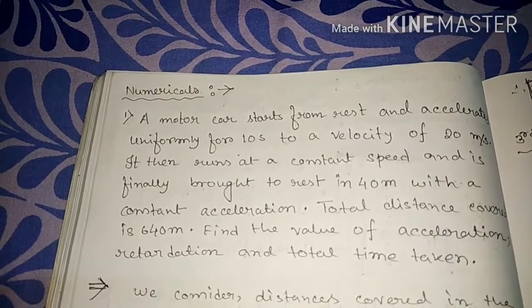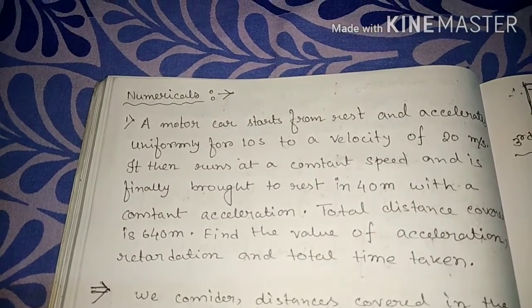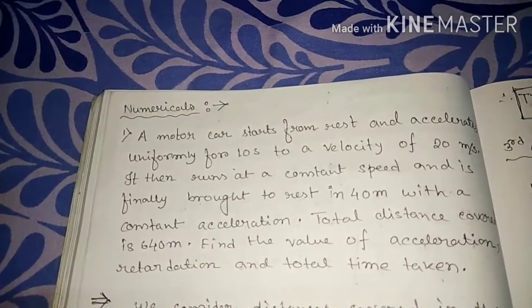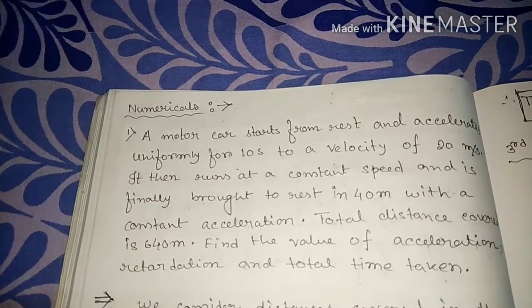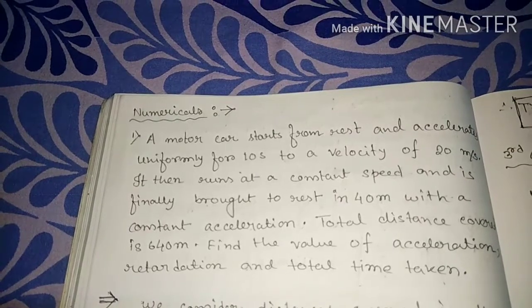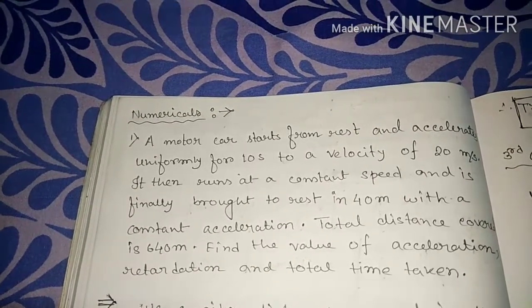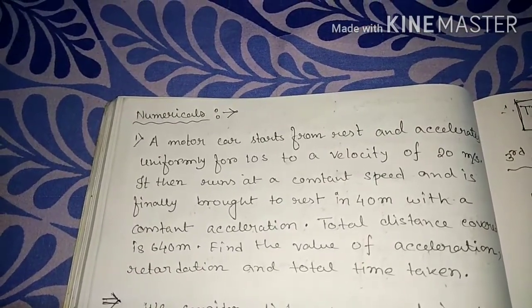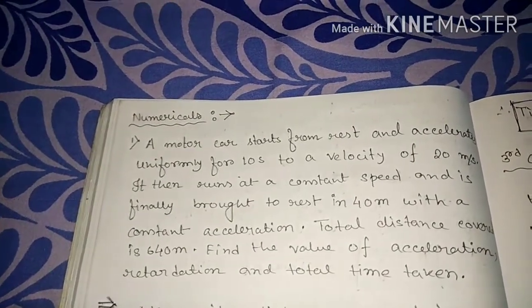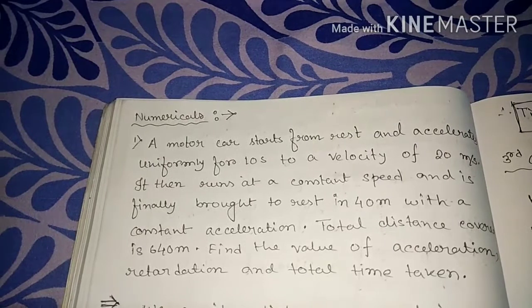First we find out using the first information, and the first information is it starts from rest. That means it has no initial velocity, u equals 0, and accelerates uniformly for 10 seconds. That means t1, for the first case, equals 10 seconds, to a velocity of 20 meters per second.